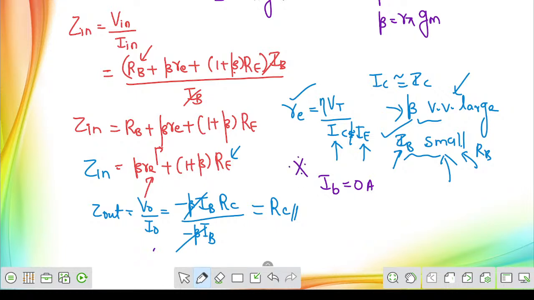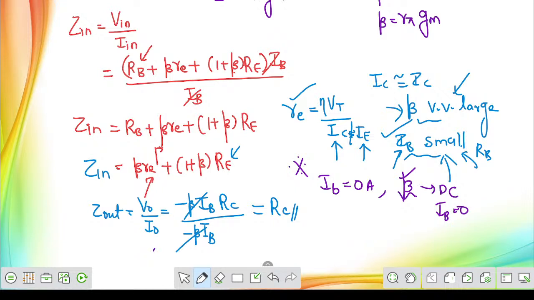In the question, they will not mention whether you have to perform AC analysis or DC analysis. All they will do is simply say assume the value of beta is very large. If you are performing DC analysis, then take that point, it is a valid point. You can consider the value of base current equal to 0.